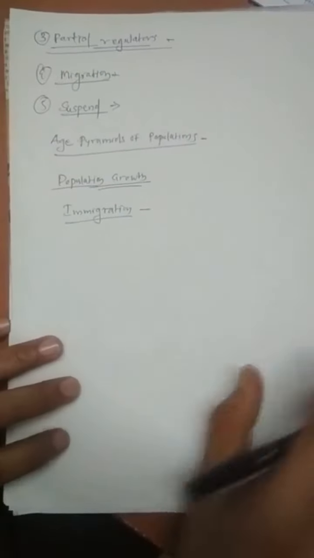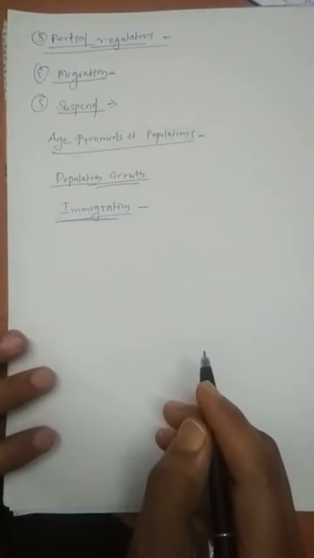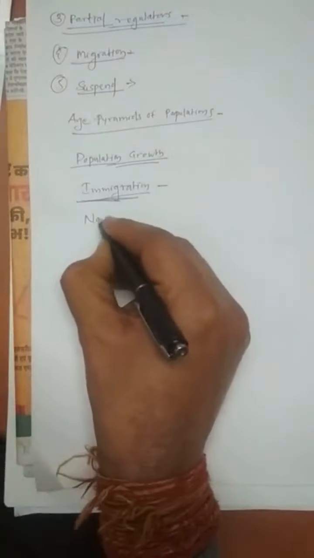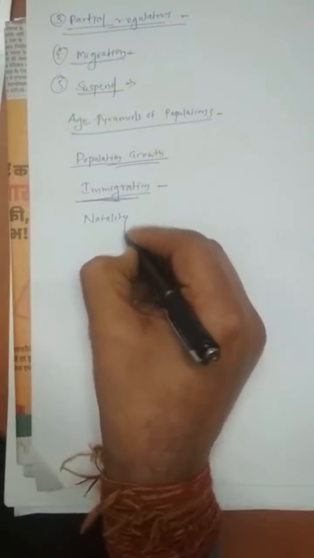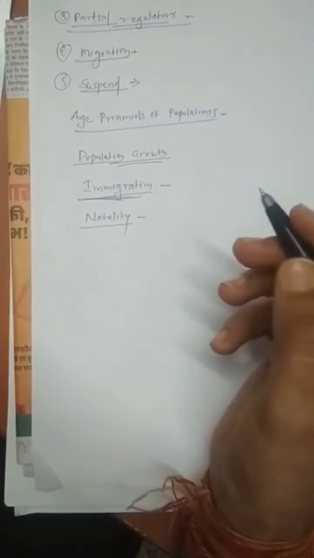Now, population interaction. We should also know natality refers to the number of births during a given period in the population, as I told you.